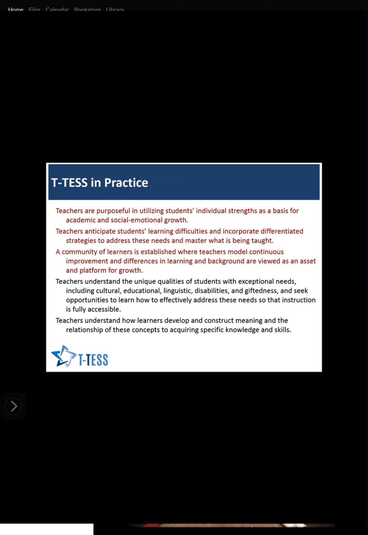Teachers also understand the unique qualities of their students with exceptional needs, including cultural, educational, linguistic, disabilities, and giftedness, and seek opportunities to learn how to effectively address these needs so that instruction is fully accessible. Last, teachers understand how learners develop and construct meaning and the relationship of these concepts to acquiring specific knowledge and skills.